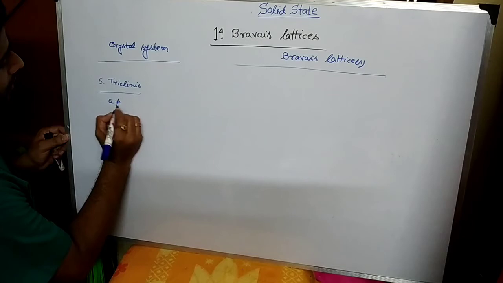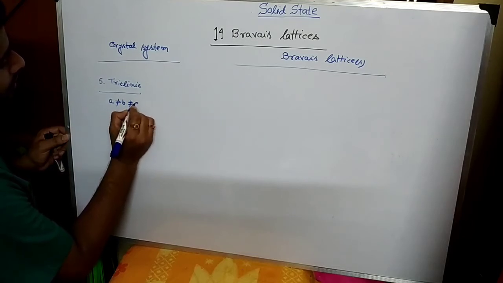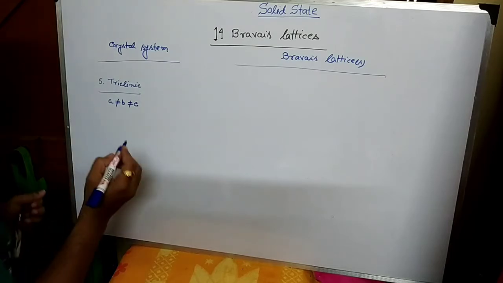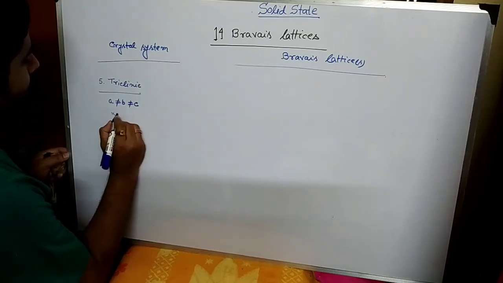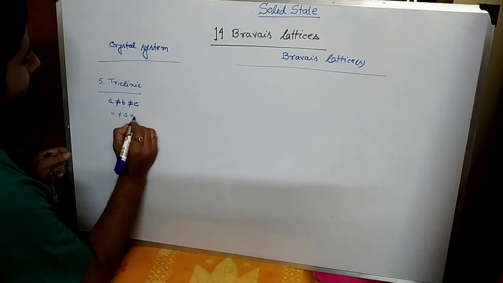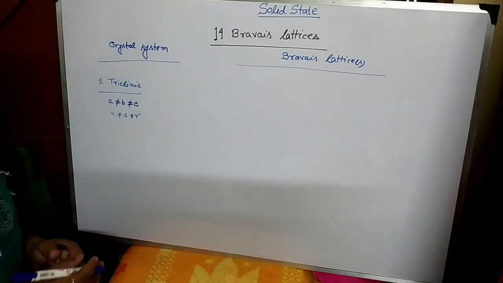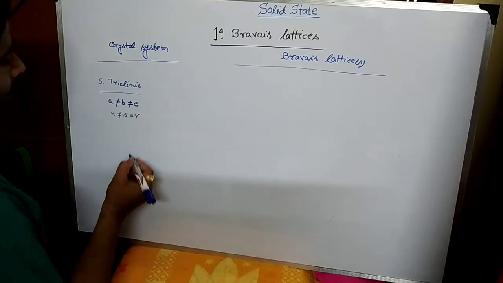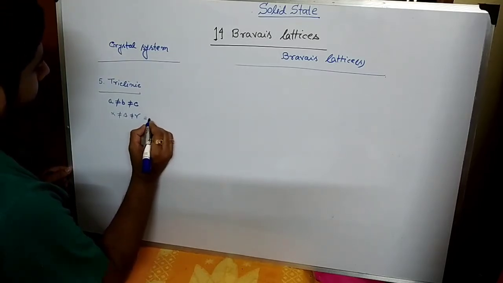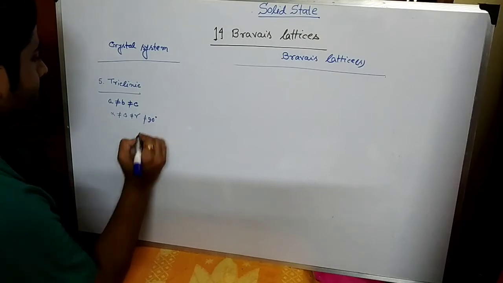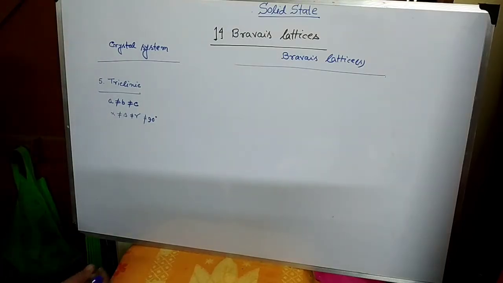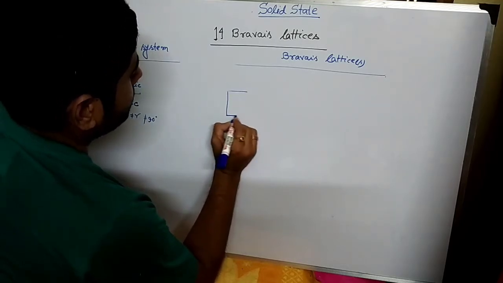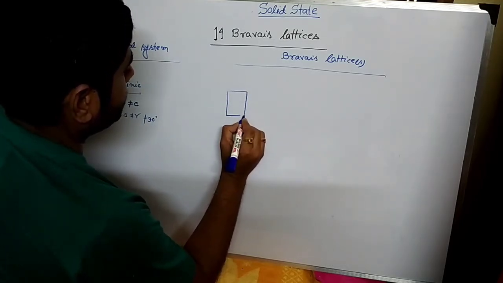A not equal to B not equal to C. Alpha not equal to beta not equal to gamma not equal to 90 degree. Now we will draw the structure for this triclinic system.